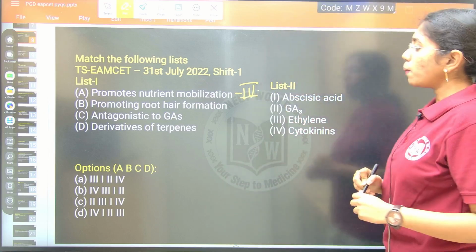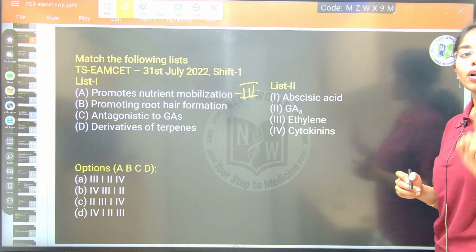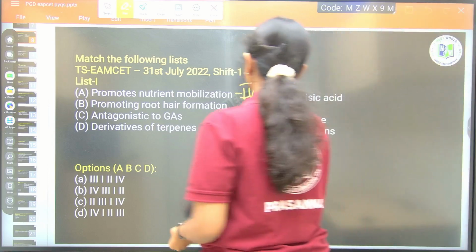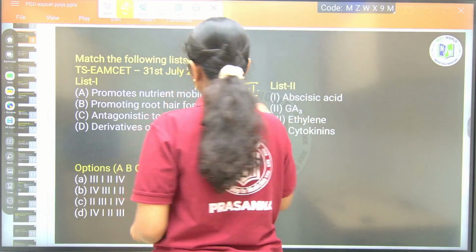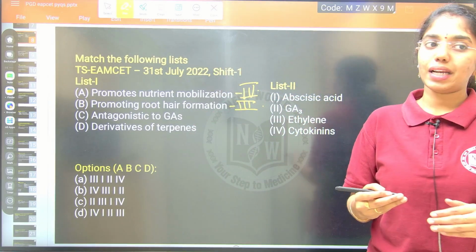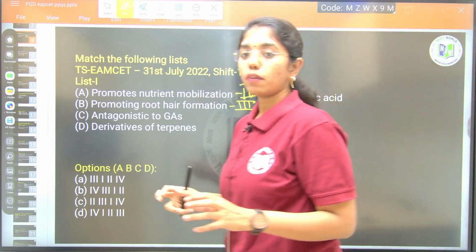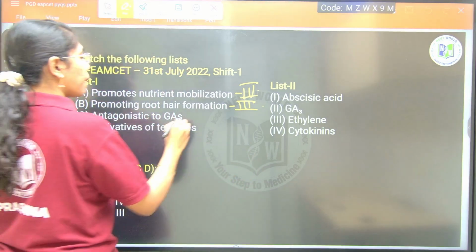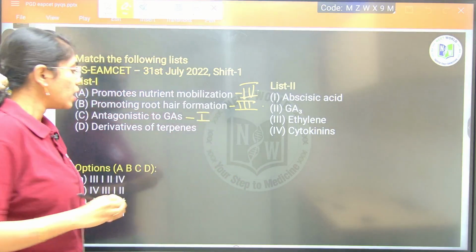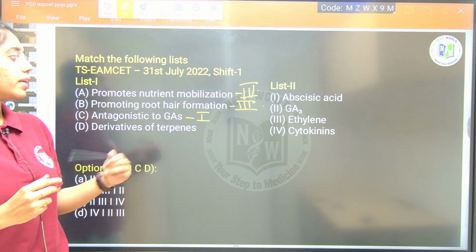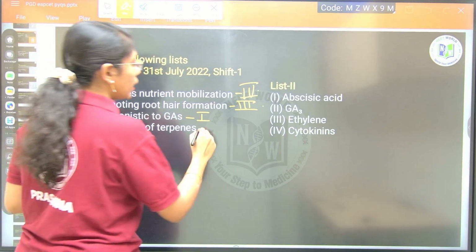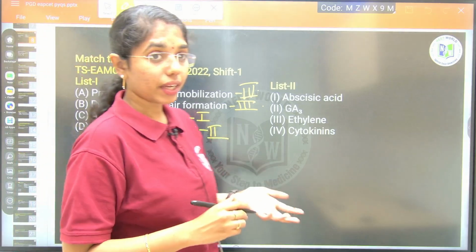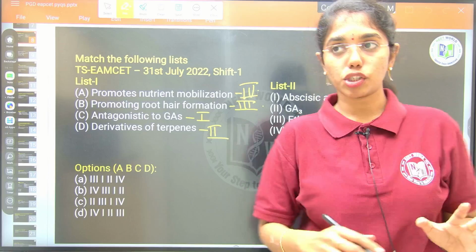And promotion of root hair growth. This is one of the responses from the triple response which is shown by ethylene. Dormancy is promoted. The question is on derivatives and functions.